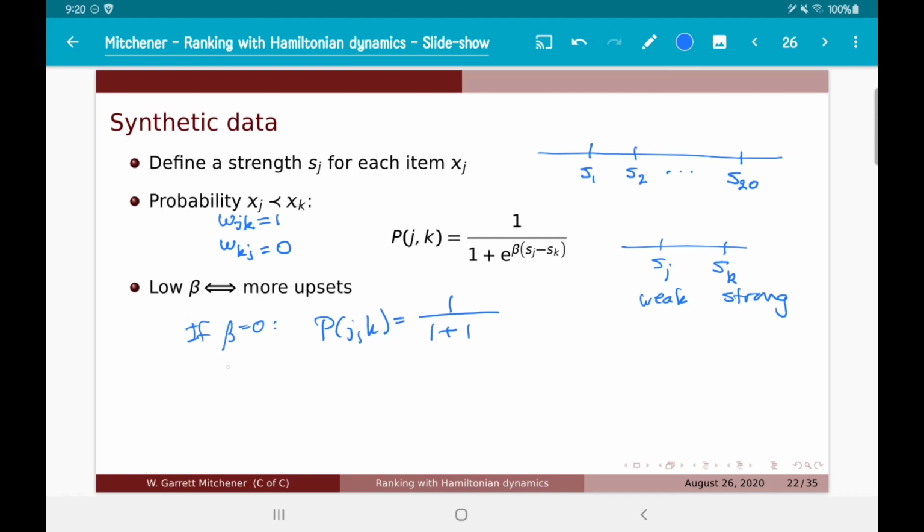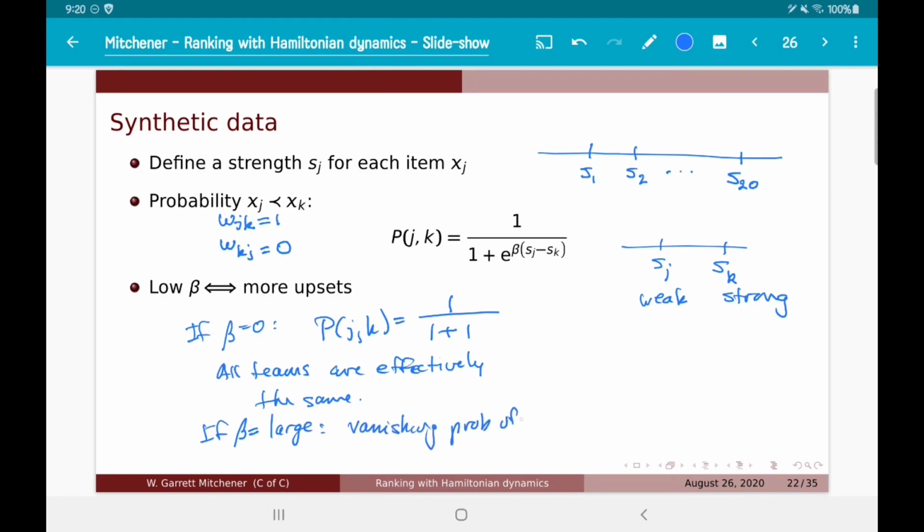So if beta is equal to 0, then all teams are effectively the same. And if beta is large, then there are essentially no upsets, a vanishing probability of upsets.